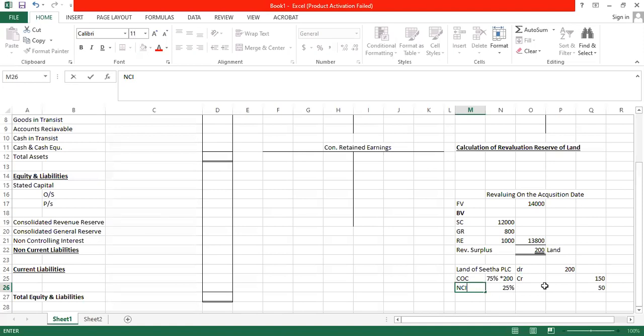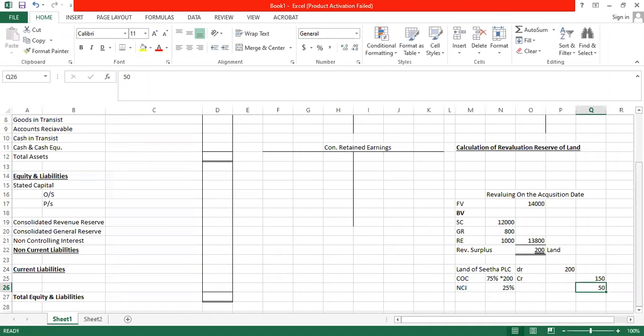Non-controlling interest is the remaining parties' ownership of the subsidiary, because only 75% is owned by us, the parent company, but the remaining 25% is owned by other parties. So those parties we call non-controlling interest. That 25% goes to the non-controlling interest account.